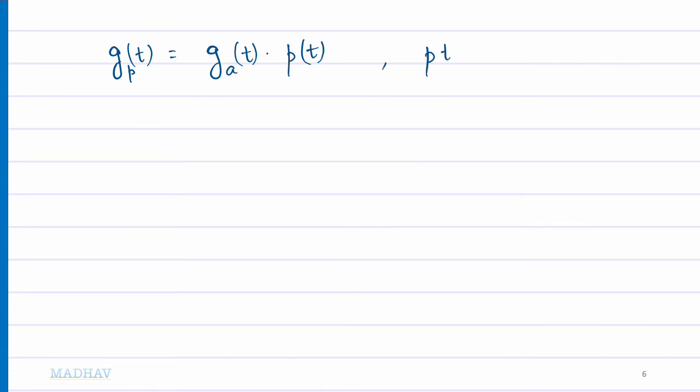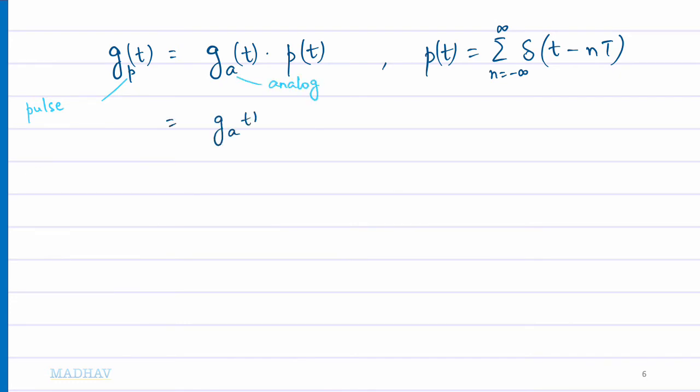Now, what is the pulse train? p(t) is simply the summation over all n from minus infinity to plus infinity of delta(t minus nT). We have seen this formula before. P stands for pulse here. So this is the modulated pulse train. Basically, this contains all the information which I have in my discrete time signal. This is the analog counterpart.